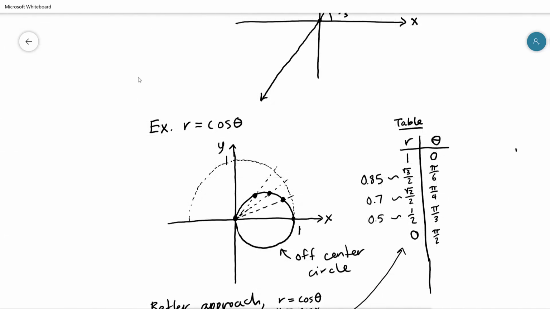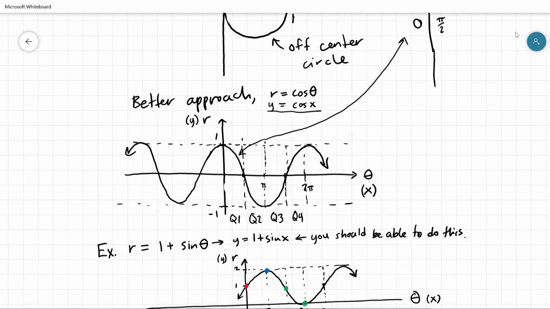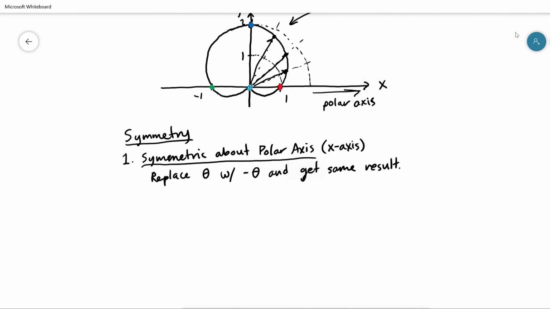This is the equation that we're trying to deal with. So let's check that that's the case. R equals cosine theta. So we've got, here it is with the positive version of theta, and here it is with the negative version of theta. R equals cosine of negative theta.